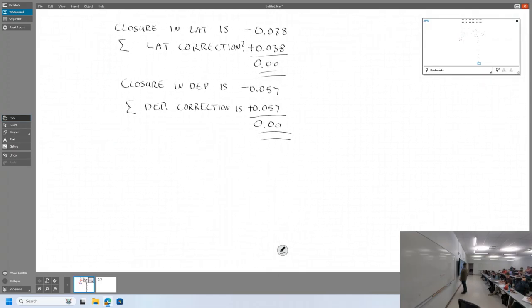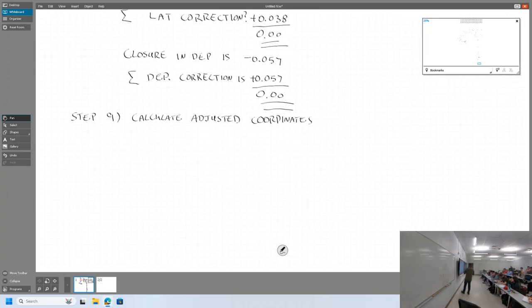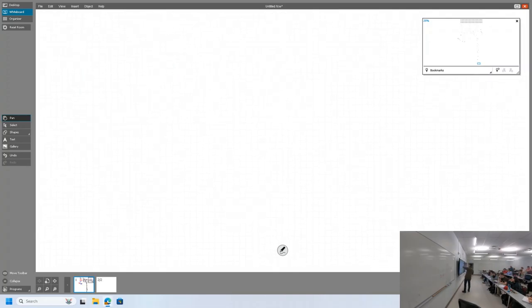Again, step 9: calculate adjusted coordinates. So the way to do that is we take our, hang on.